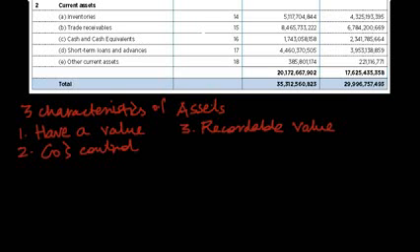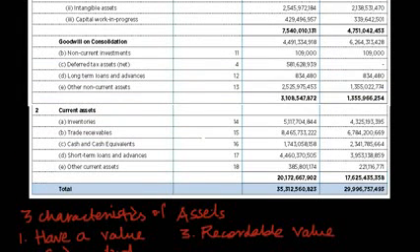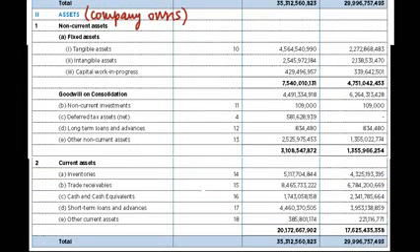Now broadly, there are two kinds of assets on any company's balance sheet. If you were to see this balance sheet of Opto Circuits, there are basically two kinds of assets which you can see there. The first are non-current assets, and the second are the current assets.